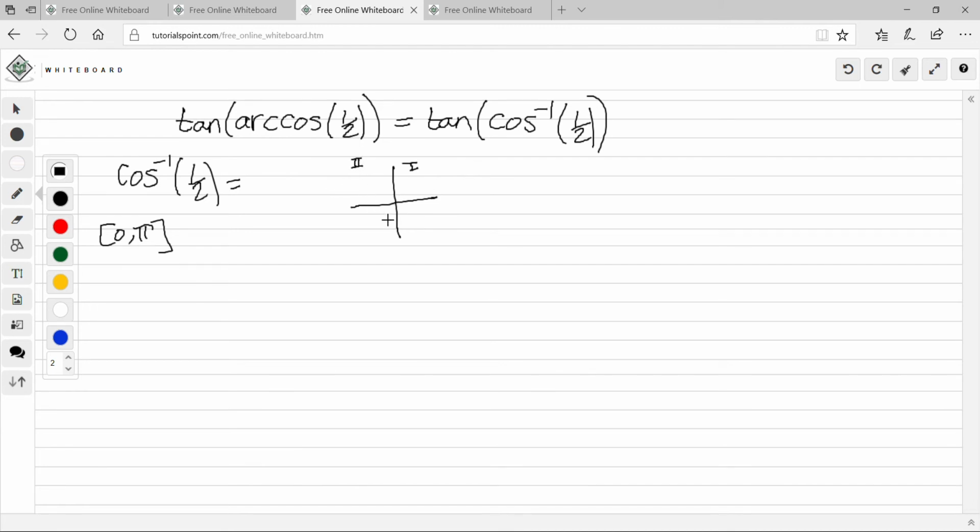So where's cosine positive 1/2? Pi over 3, right? That's 1/2, comma, root 3 over 2.